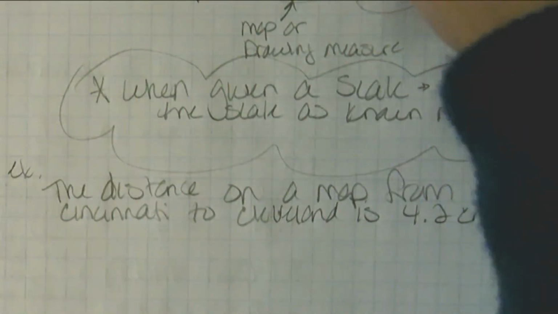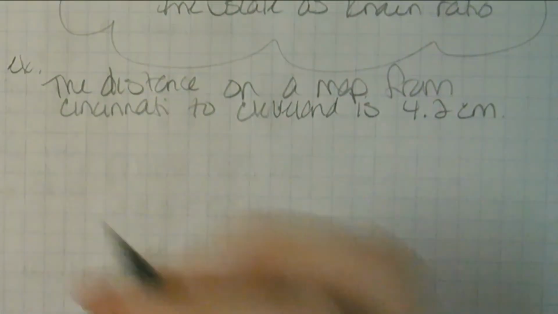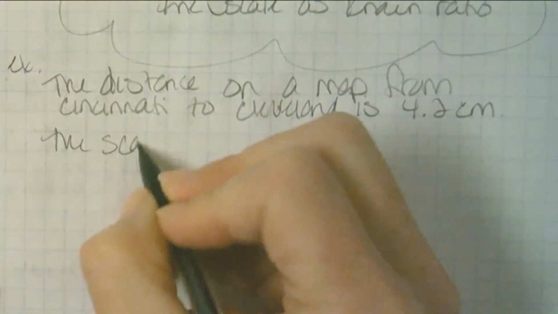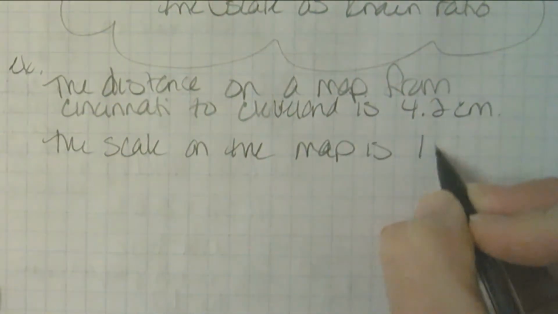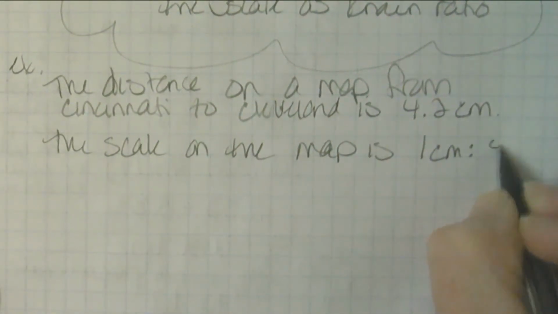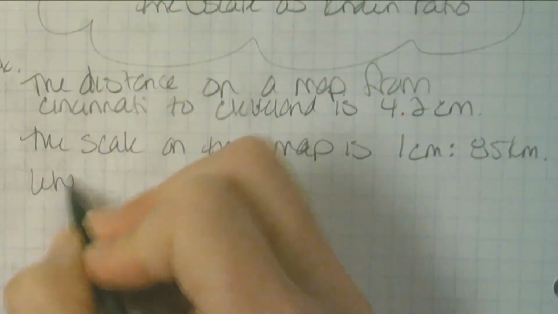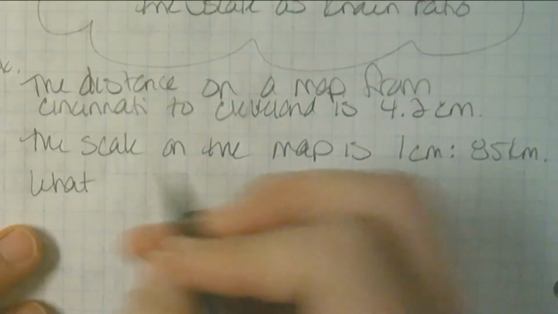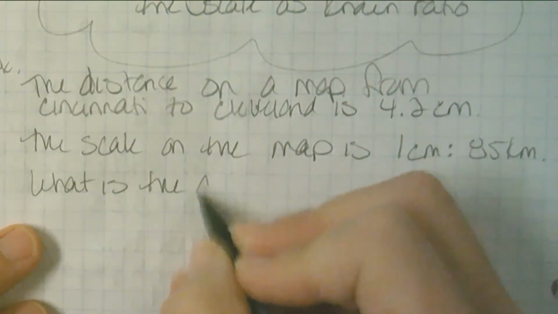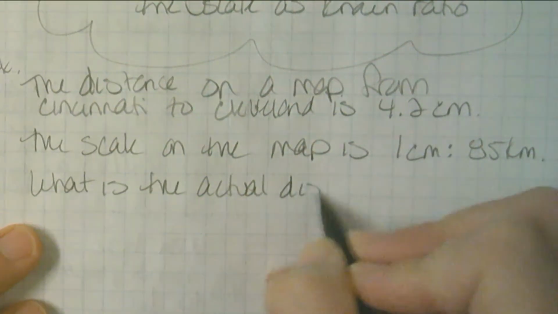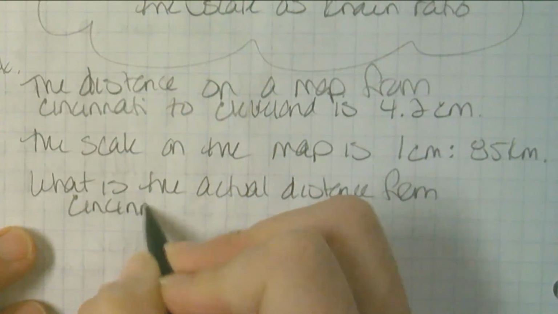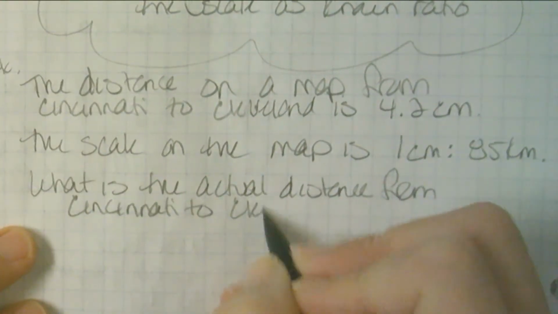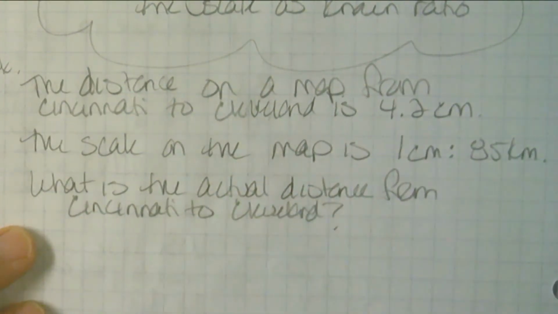So the distance on a map between Cincinnati and Cleveland is 4.2 centimeters. The scale on the map is 1 centimeter to 85 kilometers. What is the actual distance from Cincinnati to Cleveland? All of you do this.